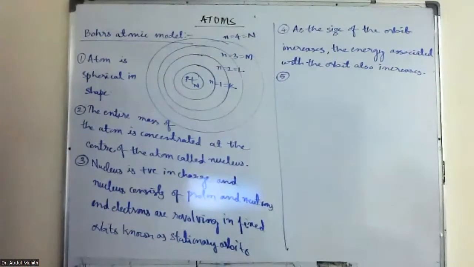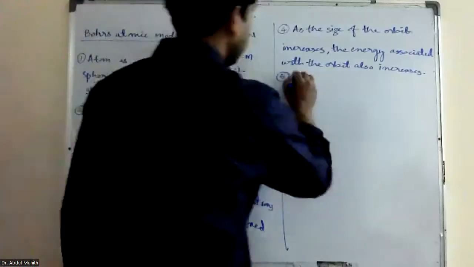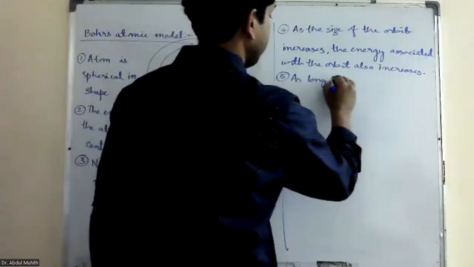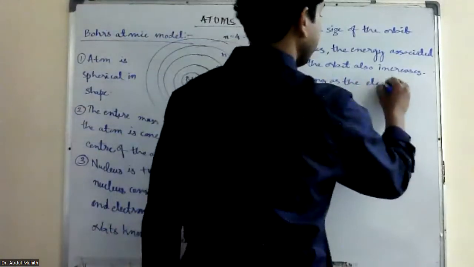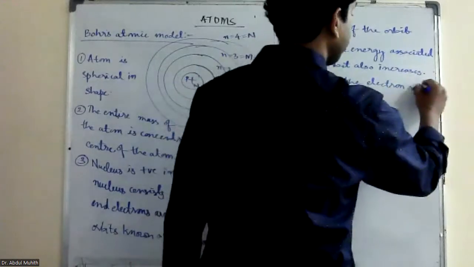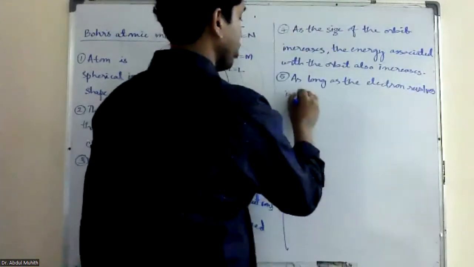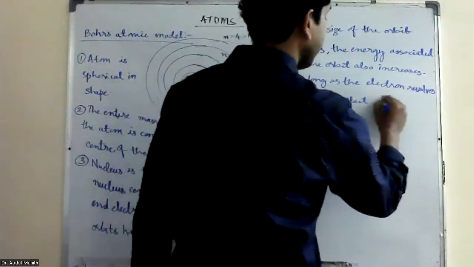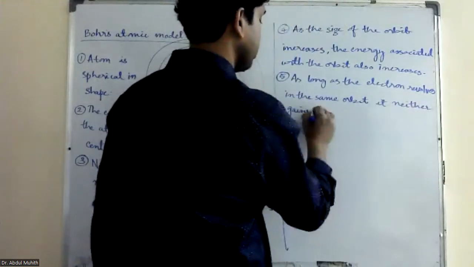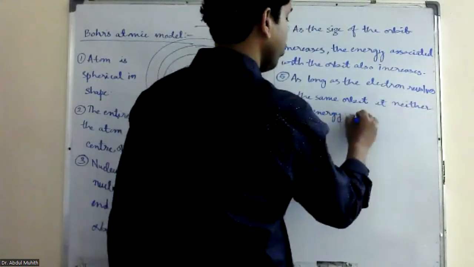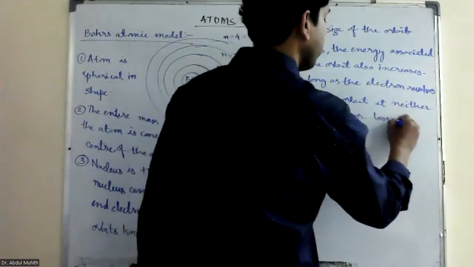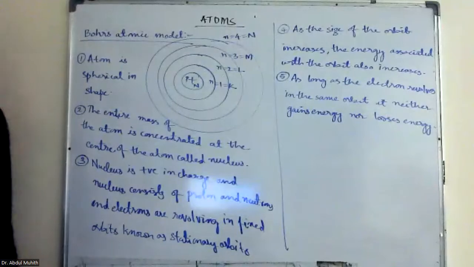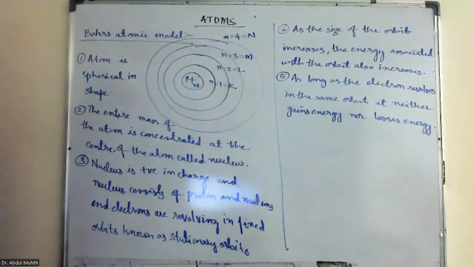So as long as the electron revolves in the same orbit, it neither gains energy nor loses energy.